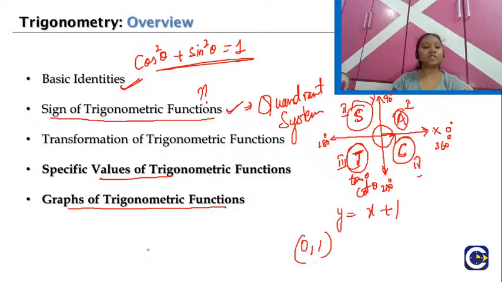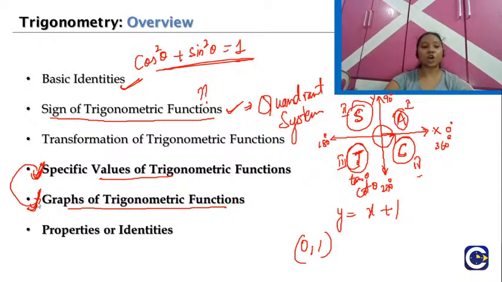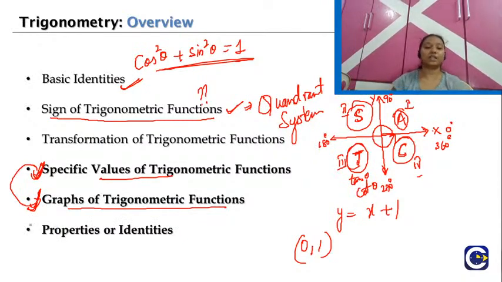So that's why we'll start with the specific values of trigonometric functions, and then using that we'll plot the graphs. Once we are done with the graphs, the next topic is discussing properties or identities. These properties are different from the basic identities which you have learnt before in our previous sessions.